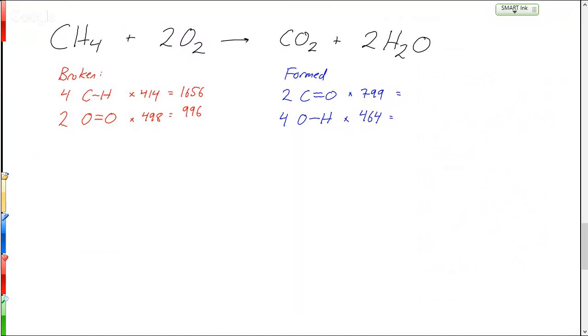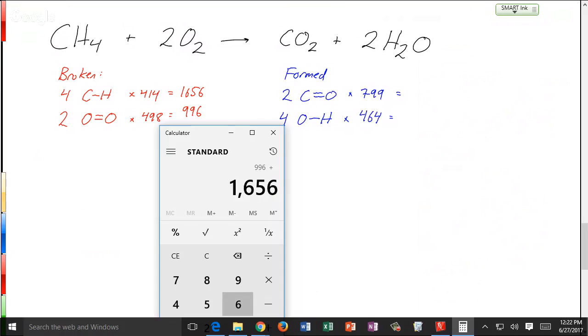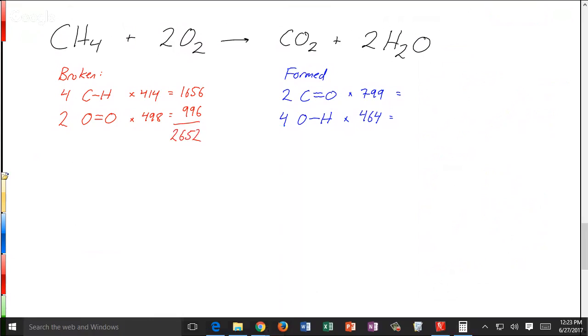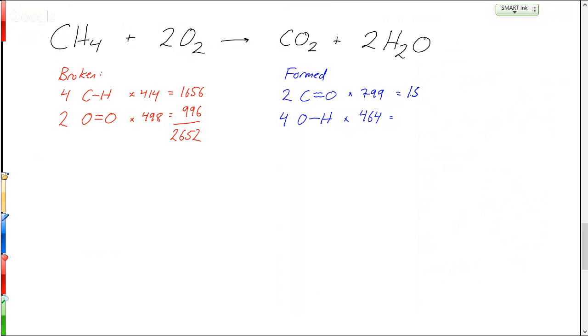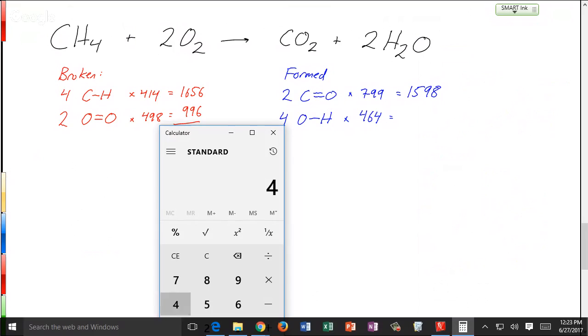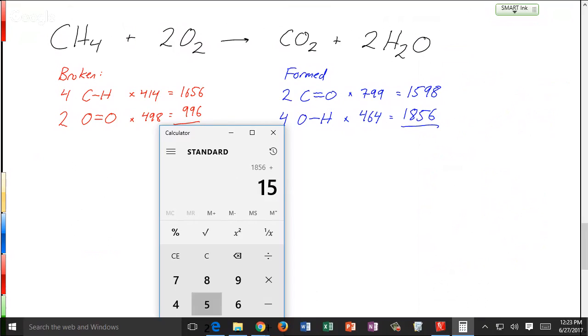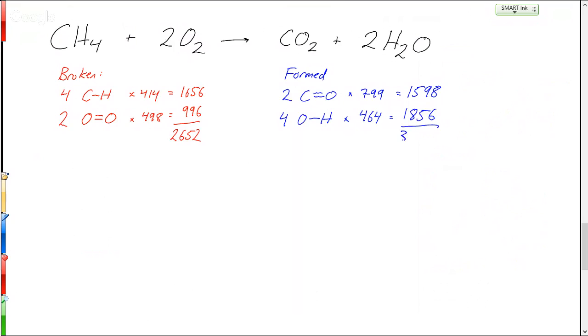All right, so I've got 1656 plus 996, so I have to put in about 2,600 kilojoules per mole to break all the bonds in this molecule. And then we get out... okay, so delta H for the whole reaction.